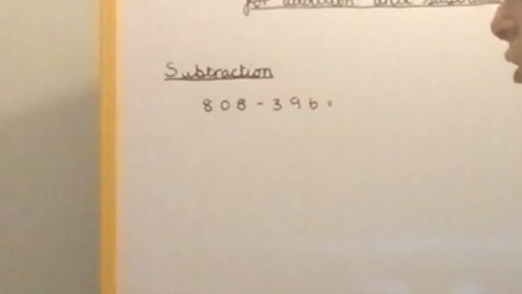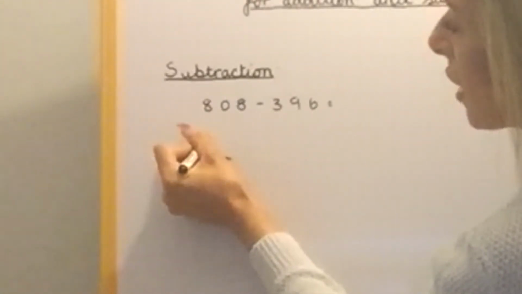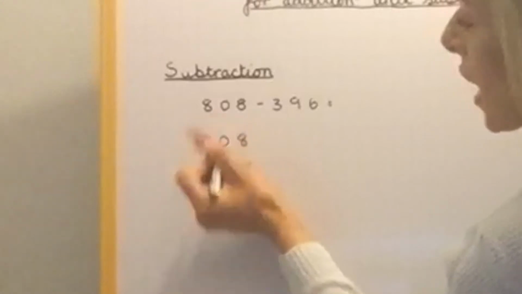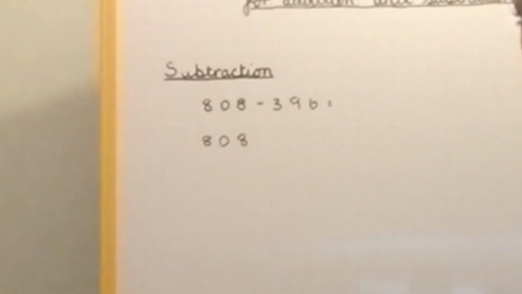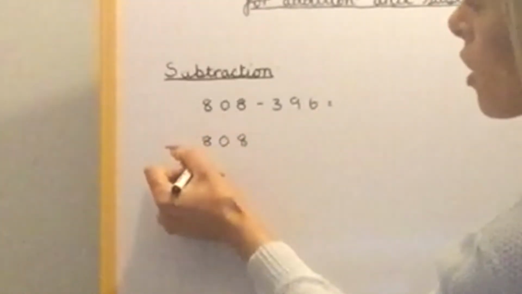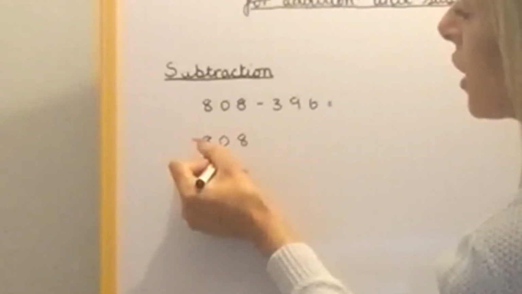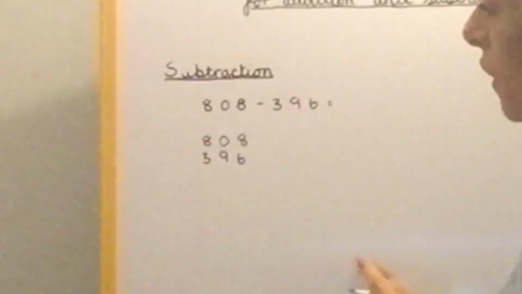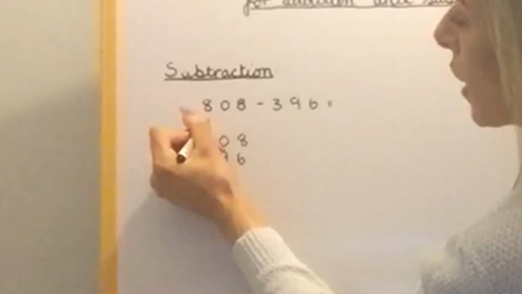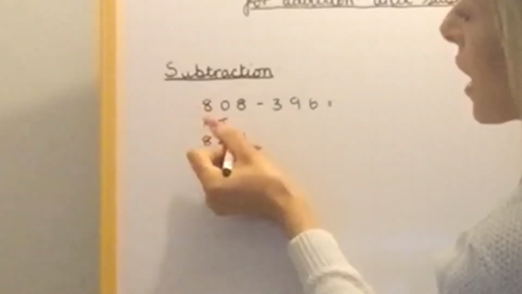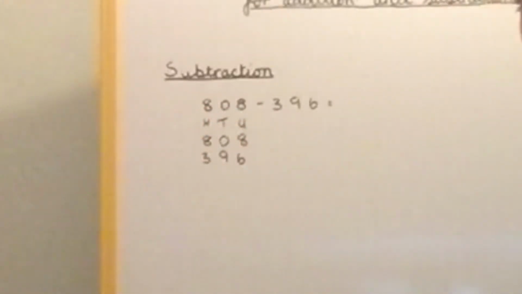So I'm going to take my greatest number, which is 808, and place that on the top. And underneath, I am going to write 396. Again, I'm being very careful that I've got my hundreds, my tens, and my units in the correct column.